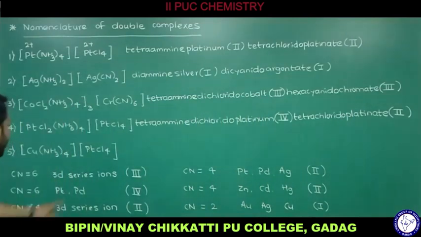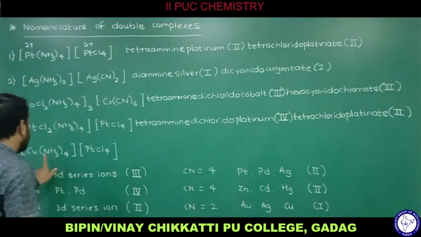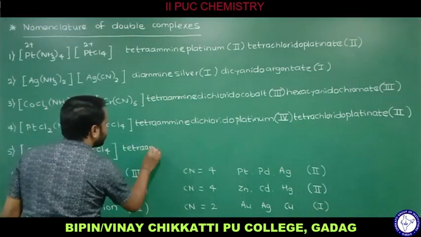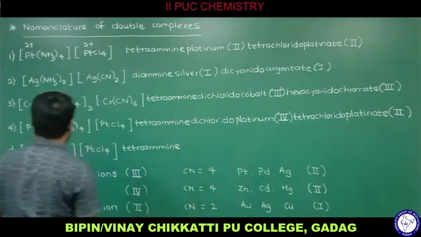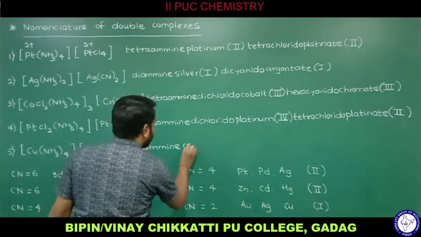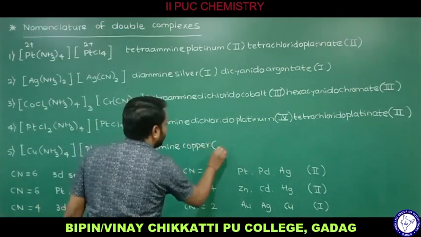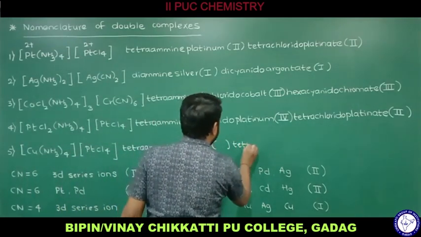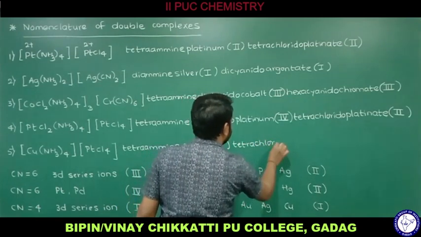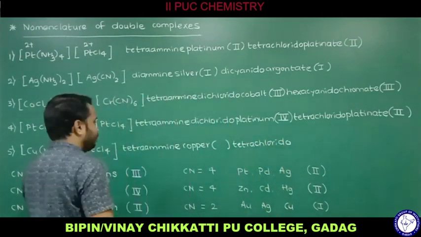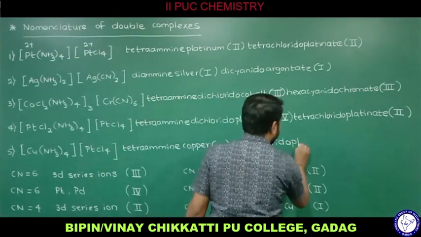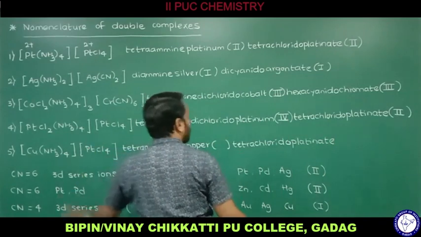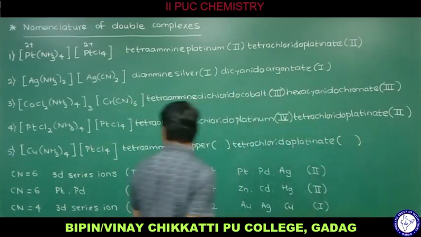One more example, cationic species and anionic species. So 4 amine, therefore tetraamine, copper, oxidation number we write, and tetrachlorido, Pt we have, anion, since anion, therefore platinate, tetrachloridoplatinate, oxidation number we write.